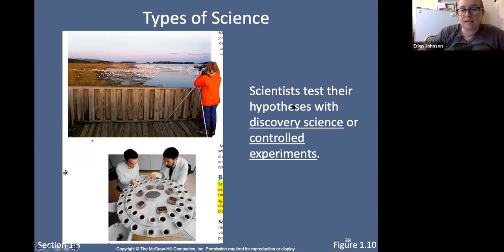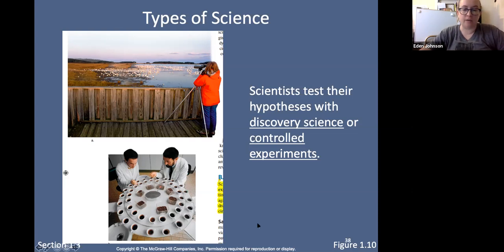So scientists test their hypotheses with discovery science, meaning that they are viewing things as they're taking place. So for instance, this woman, if she's studying migratory birds, that's not something that you can really do in just a controlled laboratory setting. Okay, so that's discovery science versus controlled experiments.